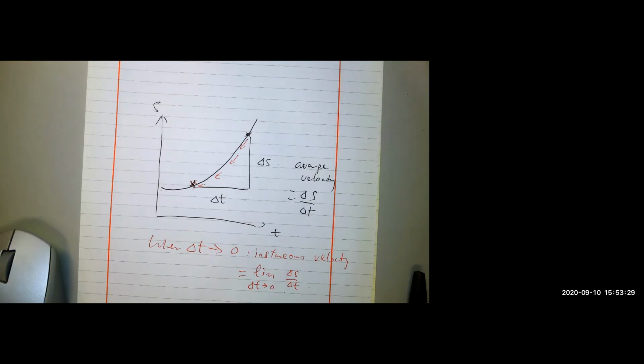As we would explain, for example, in the case of the circular motion. If you go around a circle, the average velocity is 0, because you finish one circle, you come back to the same point. But the instantaneous velocity changes whenever you move around the circle. So there would be a continuous change in velocity, and therefore there must be an acceleration.